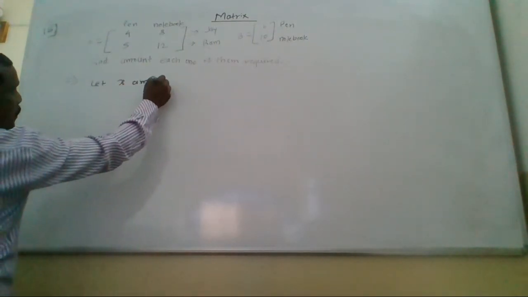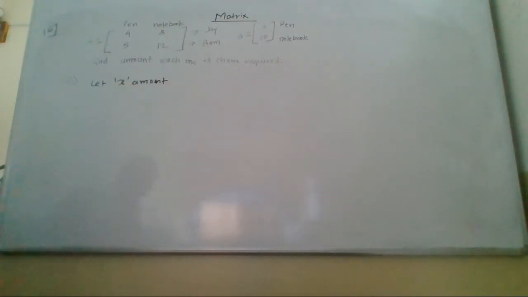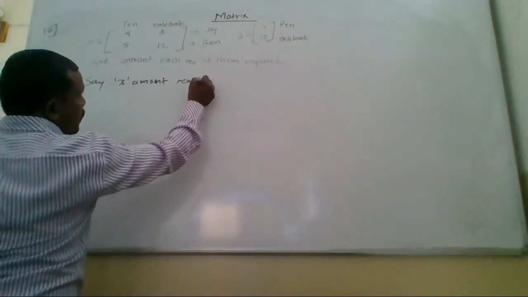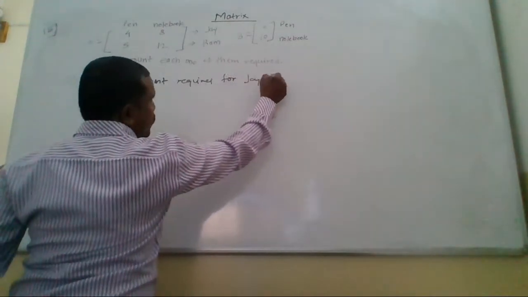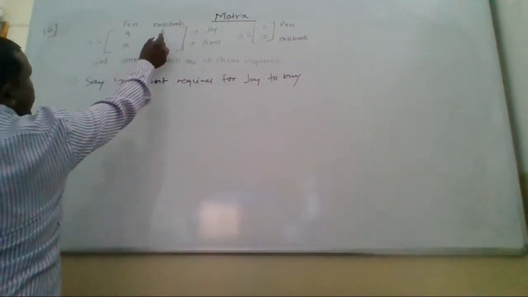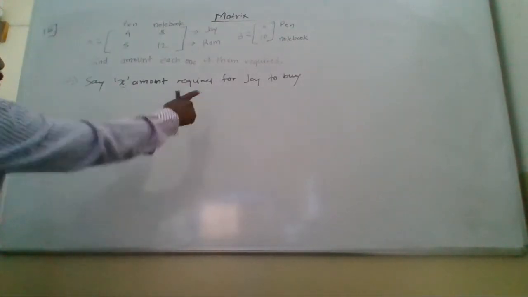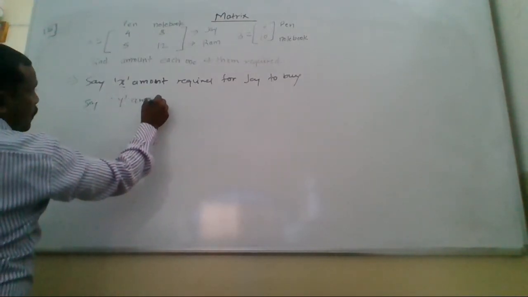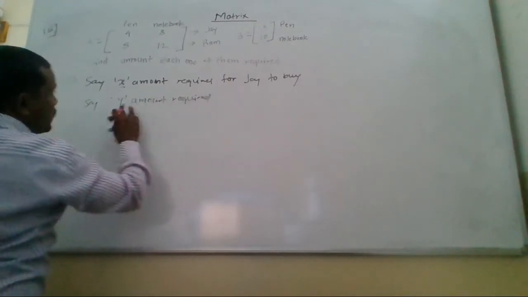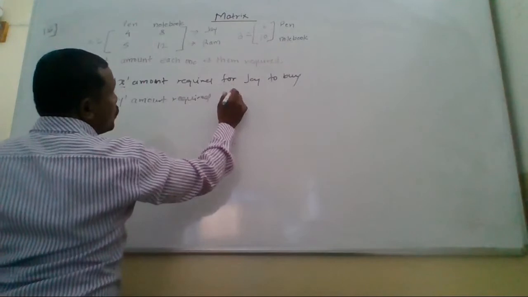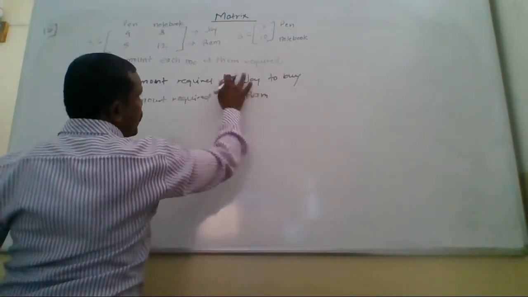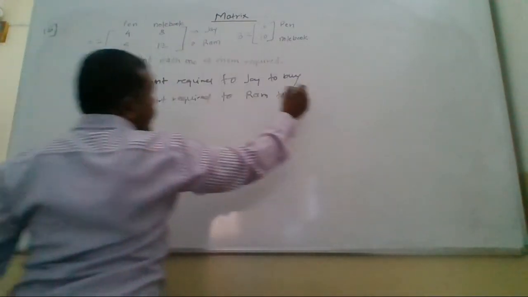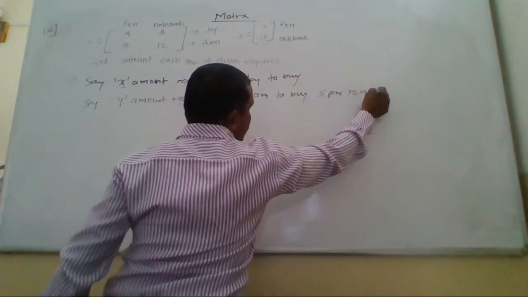So now let x amount required for J to buy 4 pen and 8 notebooks, and Y is amount required to Ram to buy 5 pens and 12 notebooks.